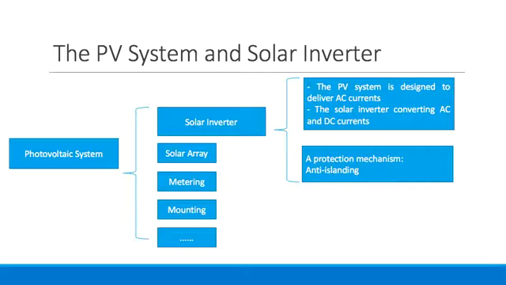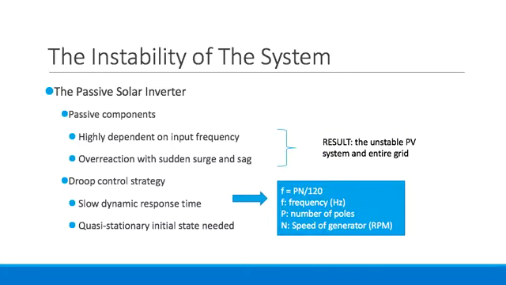However, sometimes this kind of protection mechanism also causes some unnecessary disconnection from the power grid and therefore causes problems for the stability. This is mainly because the traditional solar inverter consists of the passive components and therefore highly depends on the input frequency from the power grid.